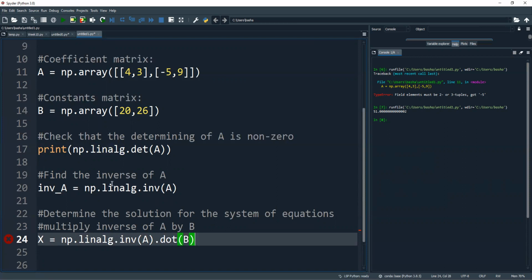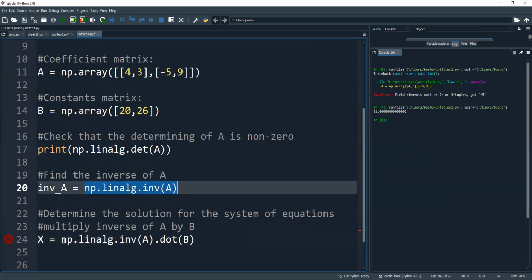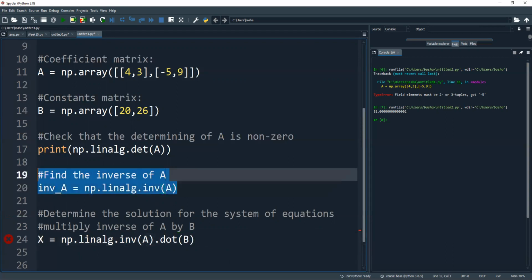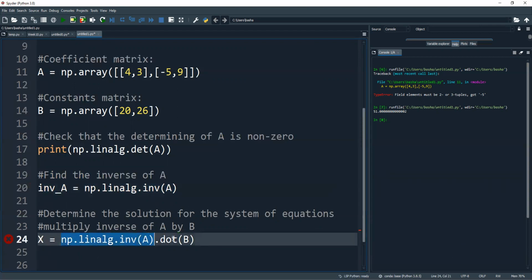And what I'm doing here is I'm just rewriting this line here to get the inverse of A. So if you don't want to create this intermediate variable, you can just do it directly this way.